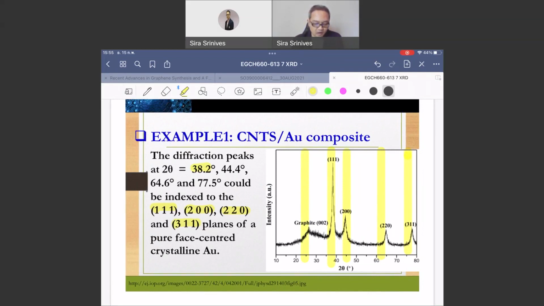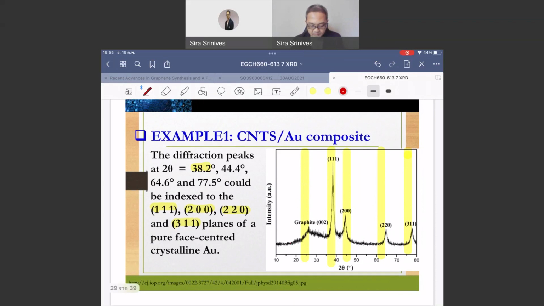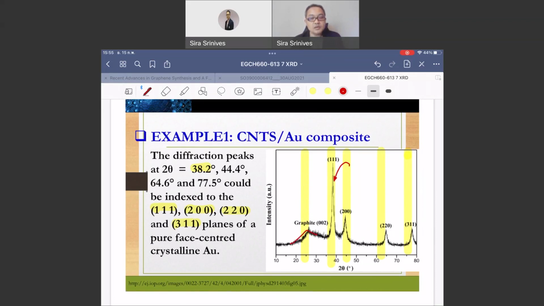Graphite actually offers a peak, but relatively a lot smaller and broader as compared to gold, whose peaks are sharp and narrow. That's the nature of the material. Gold is a metal, so it has a structure very close to a single crystal.